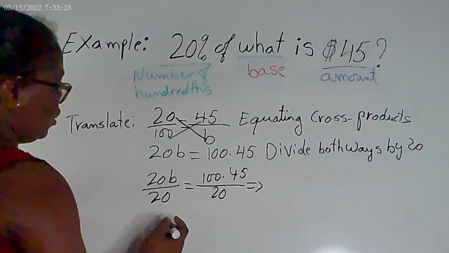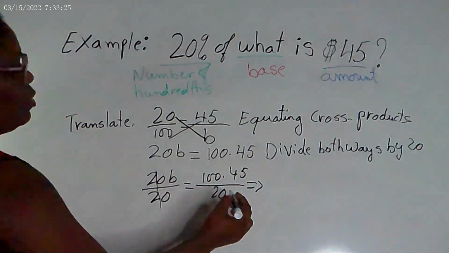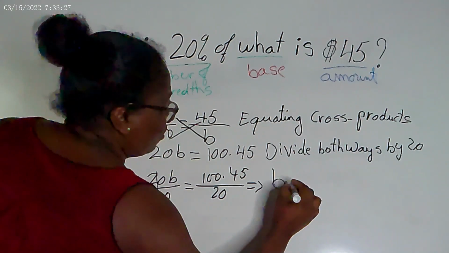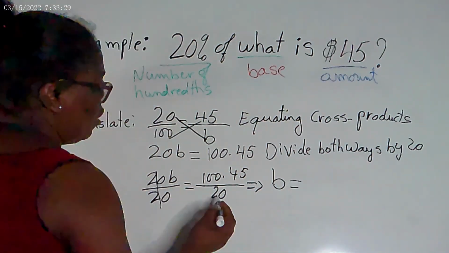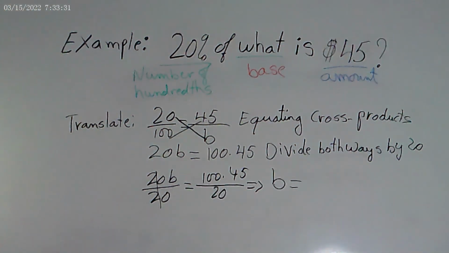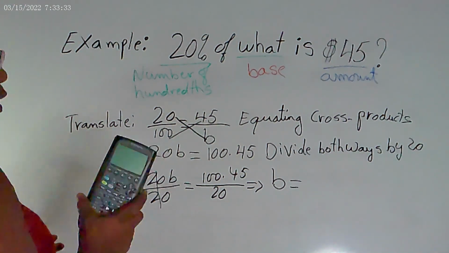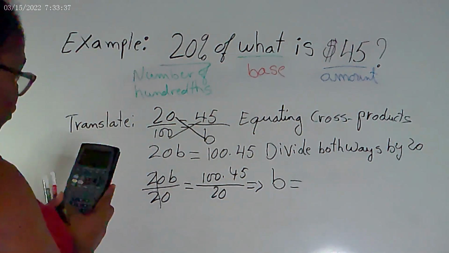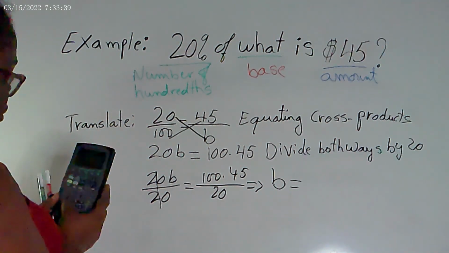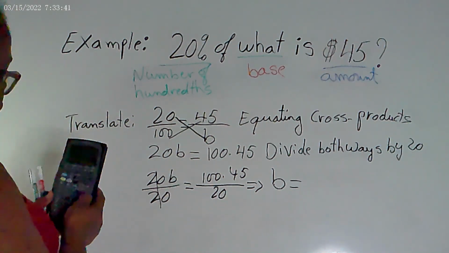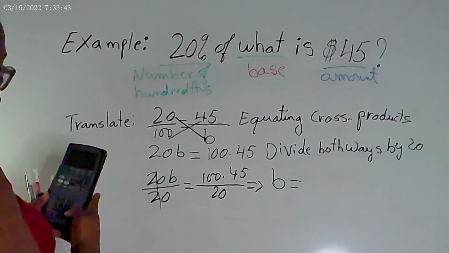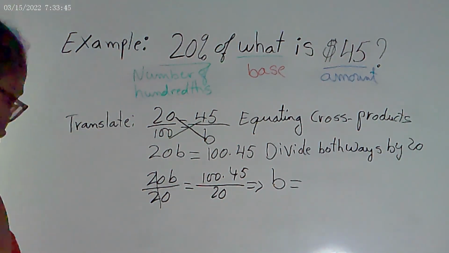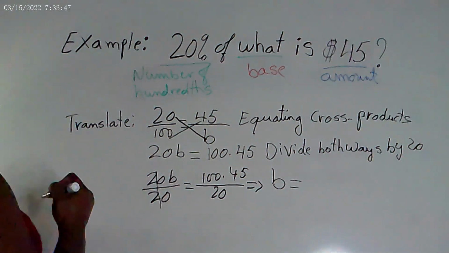So 20 over 20 is 1, B equal to 100 times 45 over 20. Let's use the calculator. 100 times 45 divided by 20. The answer is 225.